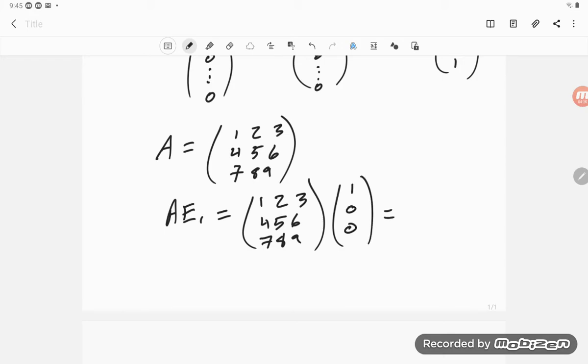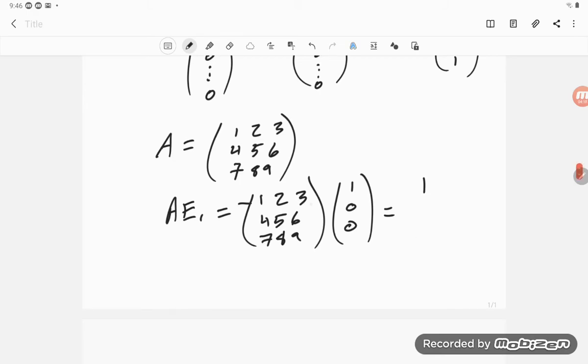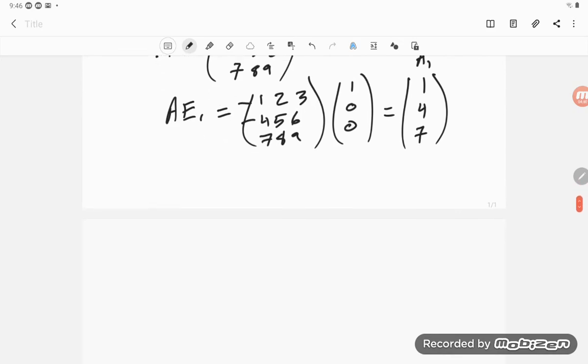Well, I take the first row dotted with the column 1, 0, 0, and I just get the 1, because I'll get 1 times 1 plus a couple zeros. Then the second row, 4, 5, 6, I get the 4. And then 7, 8, 9, I get the 7. So you see, that is the first column of A. I might call it A1, the first column.